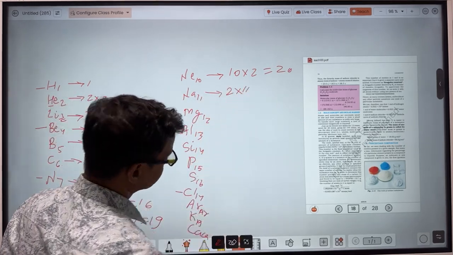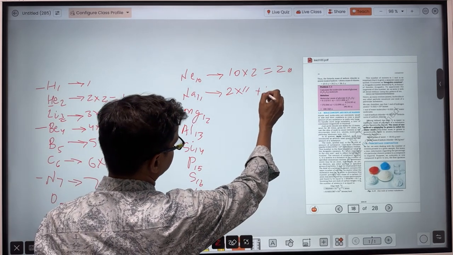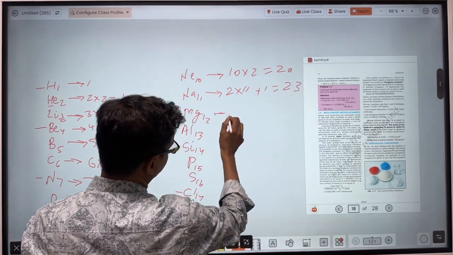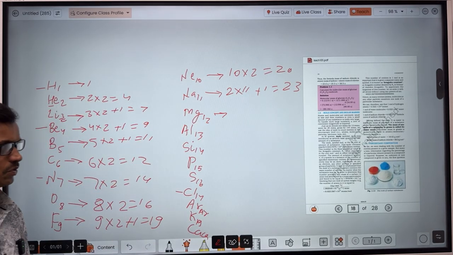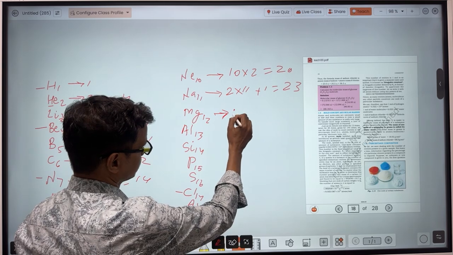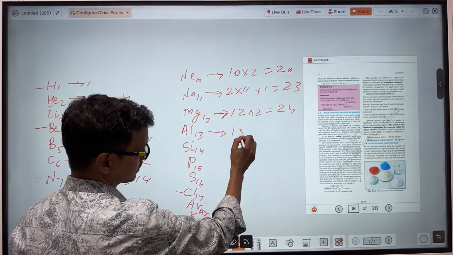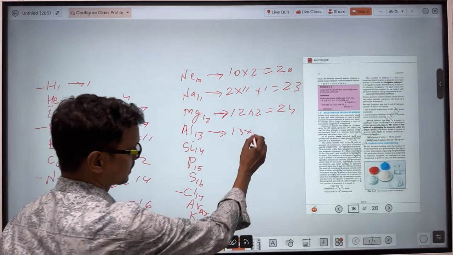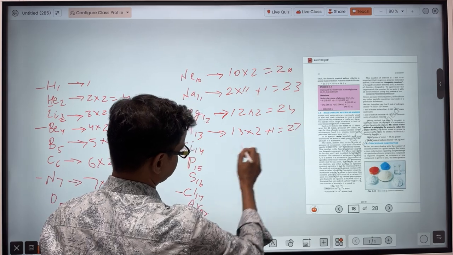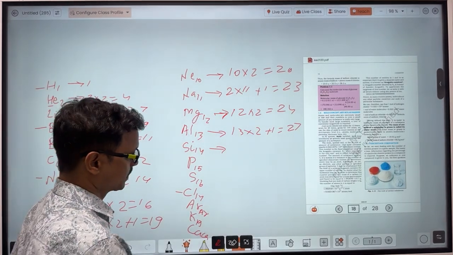Sodium 11 is an odd number, so that's why 2 into 11 plus 1. Magnesium 12 is an even number, so its atomic mass will be 24. Aluminum 13 is an odd number, so atomic weight will be 13 into 2 plus 1. Silicon's atomic number 14 is an even number, so atomic mass will be 28.